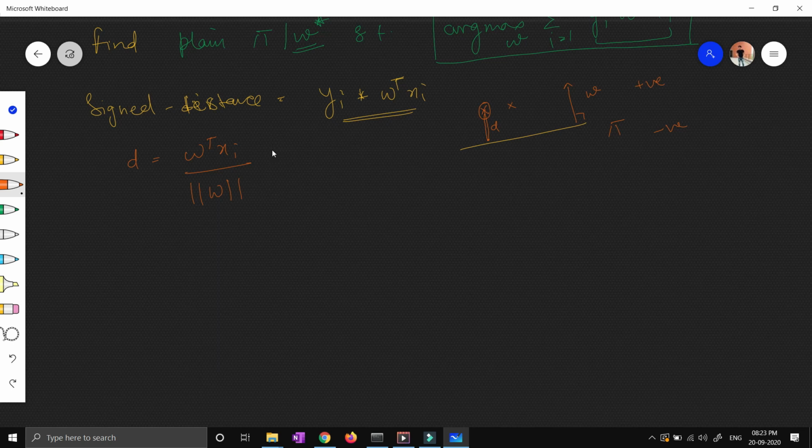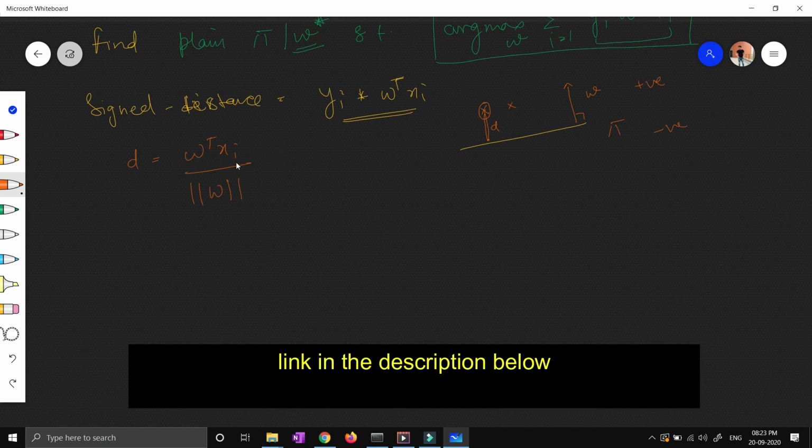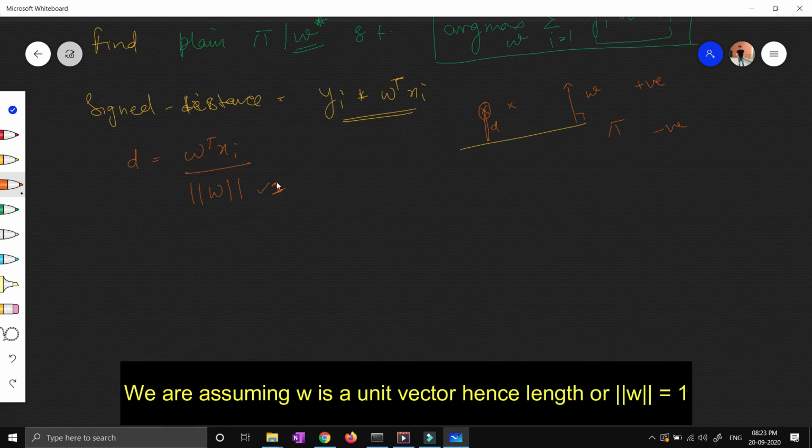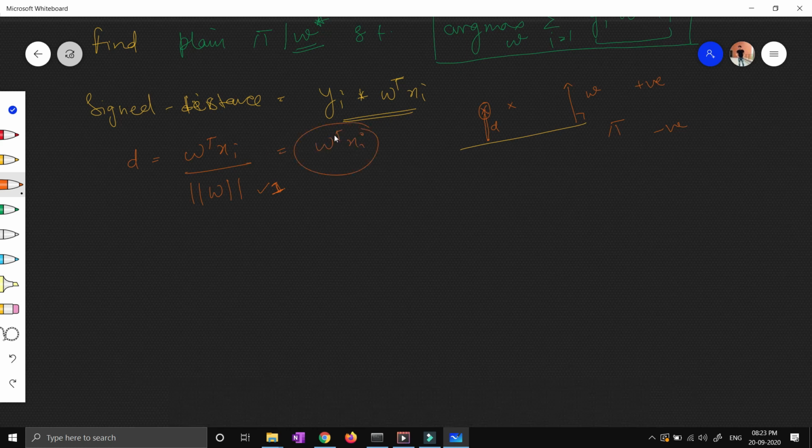From linear algebra you can derive it, and you can watch my equation of a line video to understand this concept. We are assuming the norm of w is 1, so w is a unit vector, hence the distance is w transpose xi.